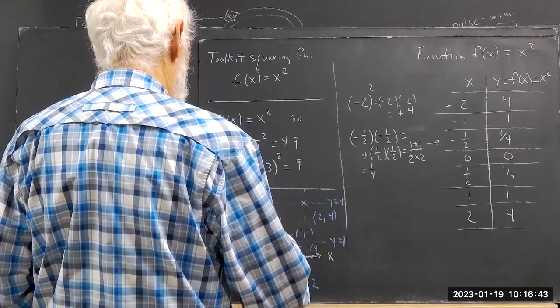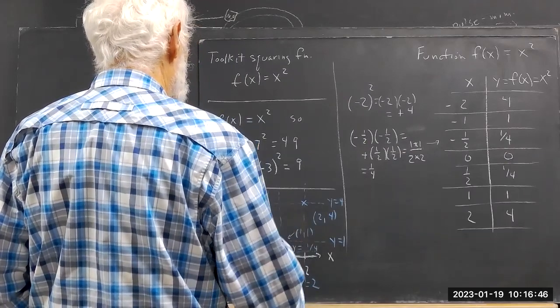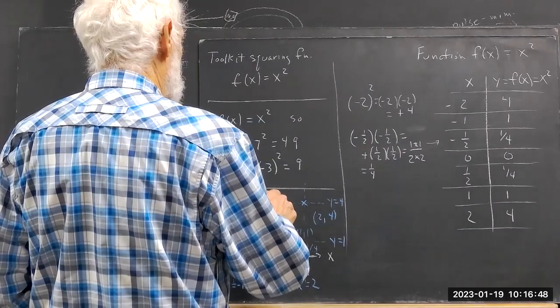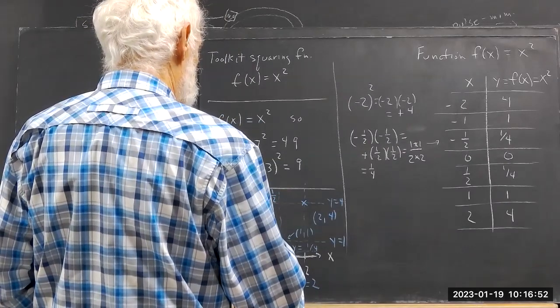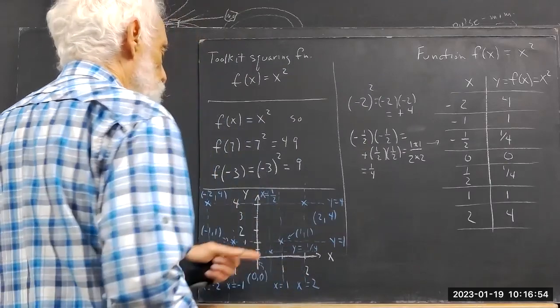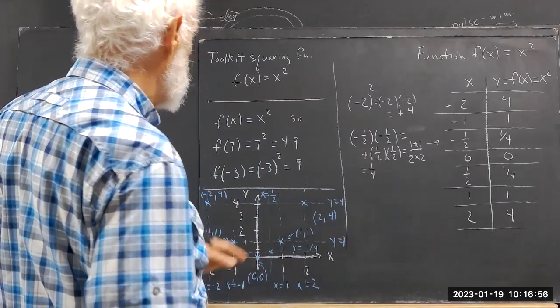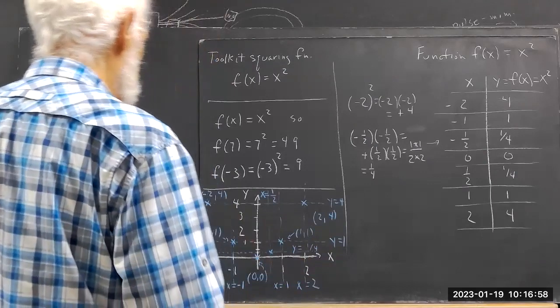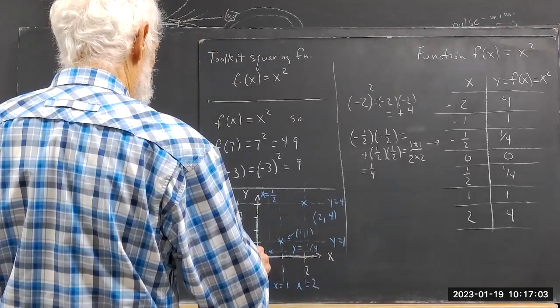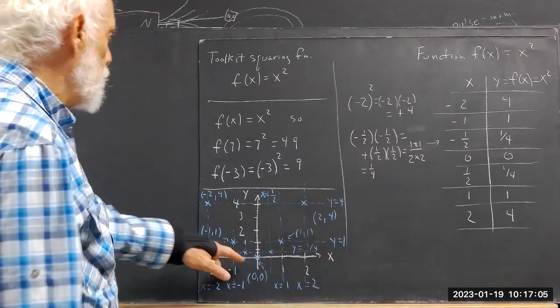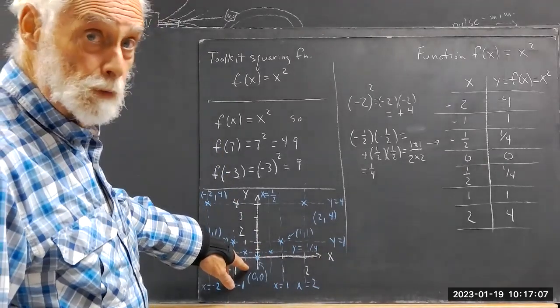And where those lines meet, we have the point whose coordinates are 1/2 and 1/4. And over here, without going into the detail, we have the point -1/2 and 1/4. Okay.